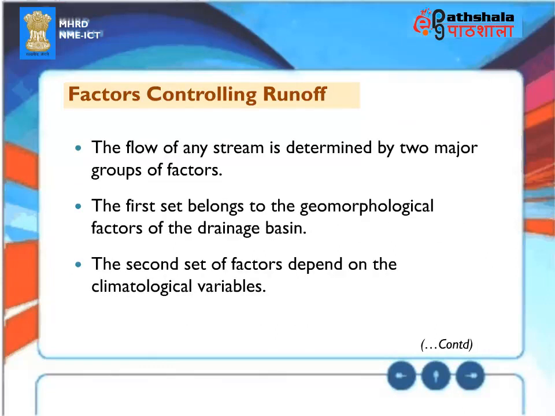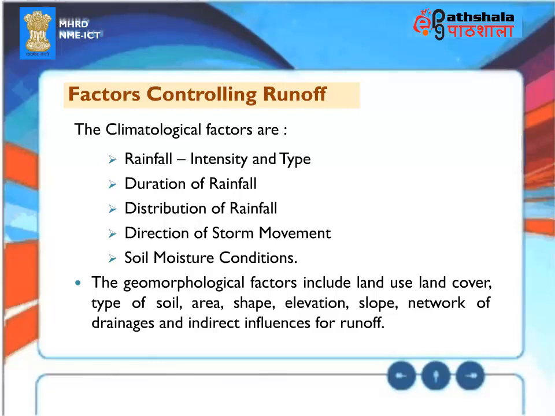Factors controlling runoff. The flow of any stream is determined by two major groups of factors. The first set belongs to the geomorphological factors of the drainage basin. The second set of factors depend on the climatological variables. The climatological factors are rainfall, intensity and type, duration of rainfall, distribution of rainfall, direction of storm movement, soil moisture conditions.